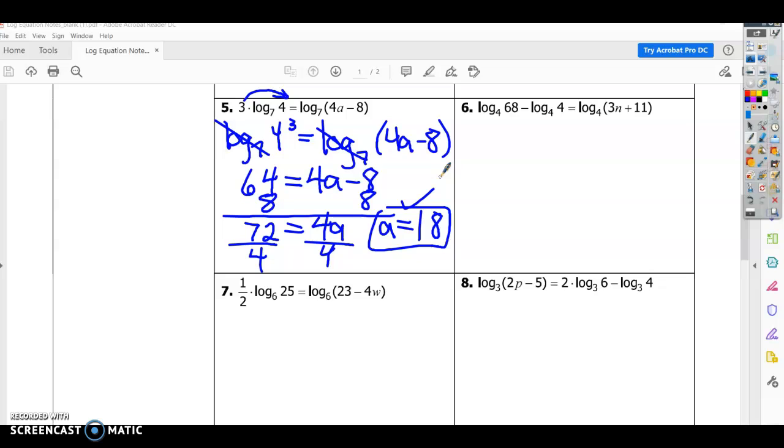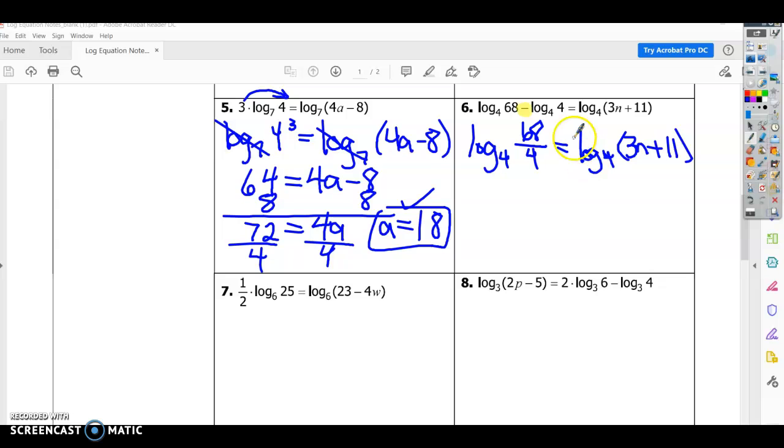All right, number 6 also uses properties of logs. Remember, when you have subtraction, that means division. Okay, so we're going to have log base 4 of 68 divided by 4 equals log base 4 of 3n plus 11.